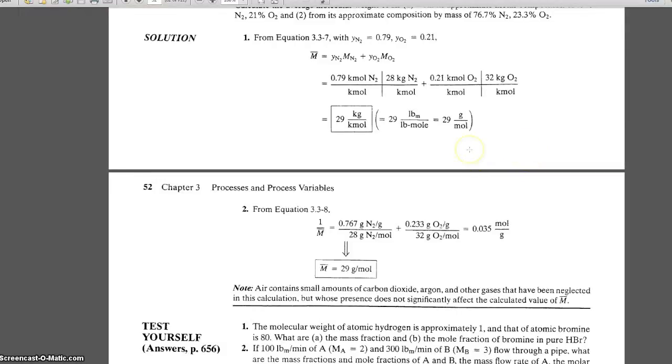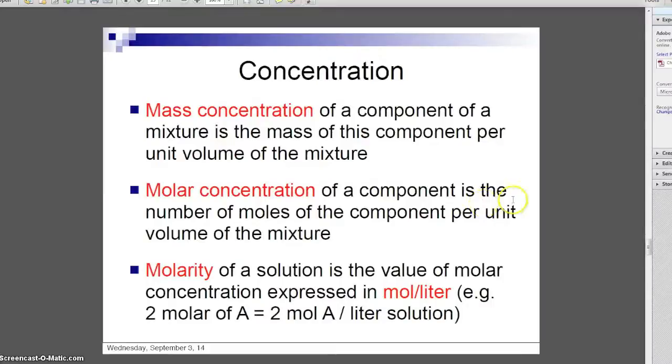So we'll move on to the next topic. The last part for chemical composition is about concentration, and after that is ppm and ppb, which stand for parts per million and parts per billion.